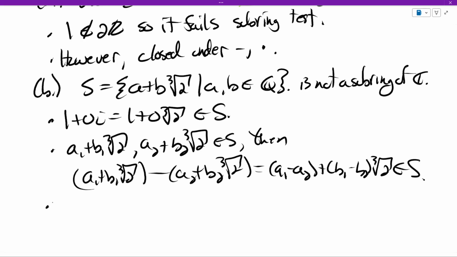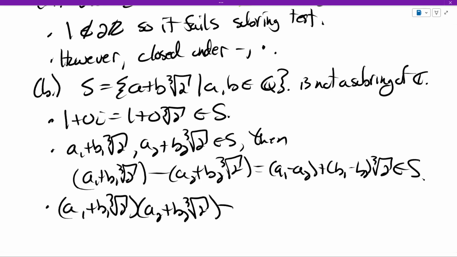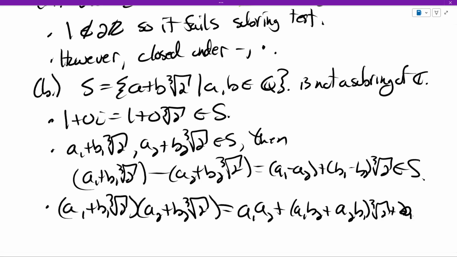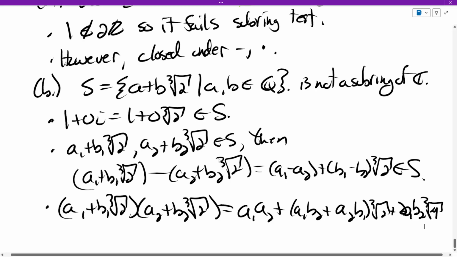And now we're going to see an issue here. If we were to check closed under multiplication, we take a1 plus b1 cube root 2 and a2 plus b2 cube root 2, and multiply them. What would we get? Well, by FOILing, we would get a1 a2 plus (a1 b2 plus a2 b1) cube root 2 plus b1 b2 cube root 4, which is cube root 2 squared.